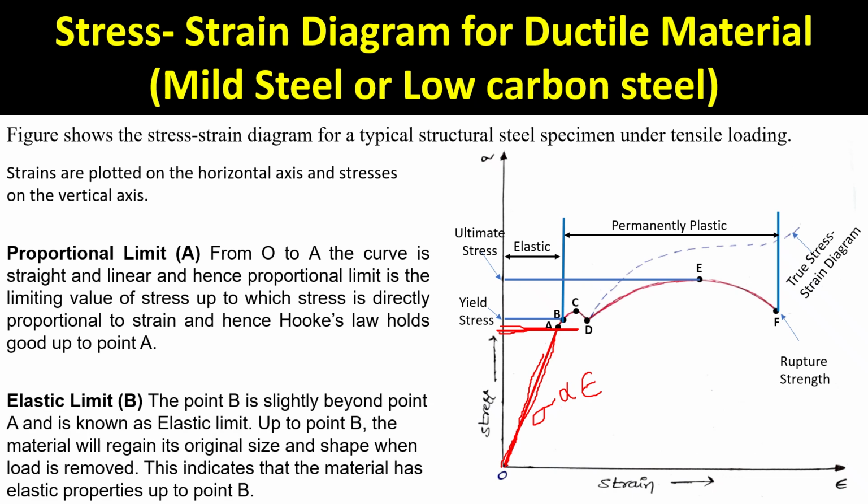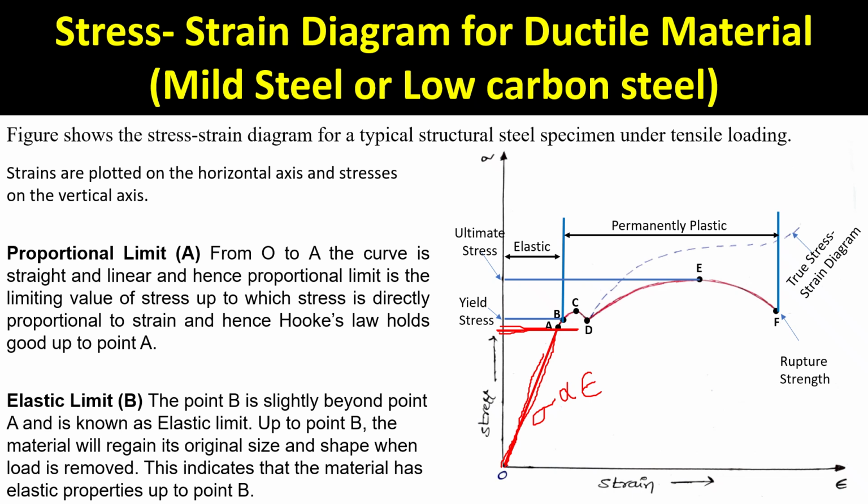So point B is the elastic limit. The point B is slightly behind point A and it is known as the elastic limit. Up to the point B, the material will regain its original size and shape when load is removed.